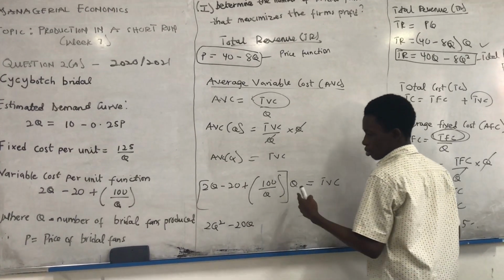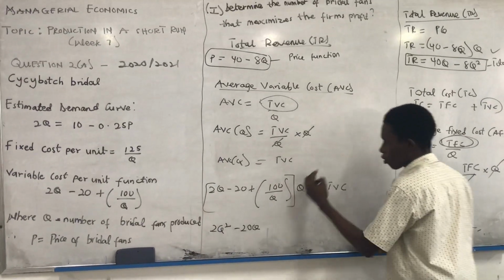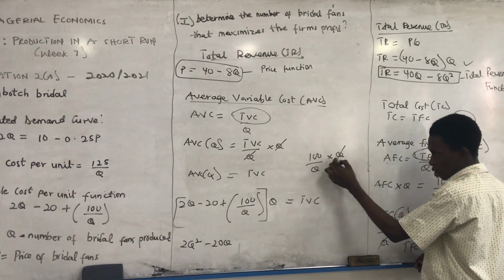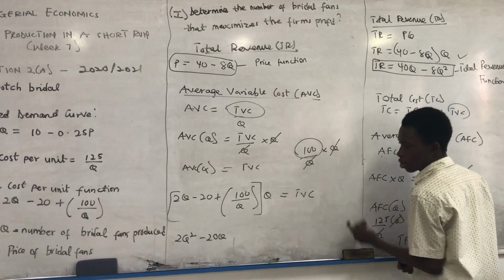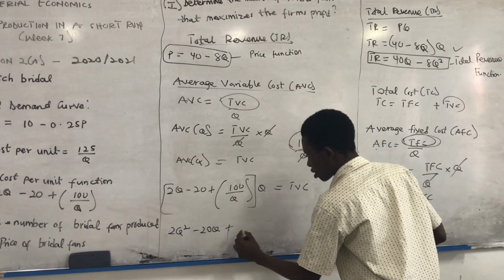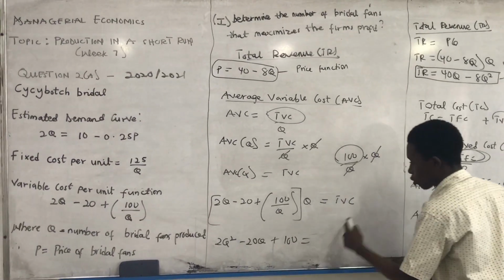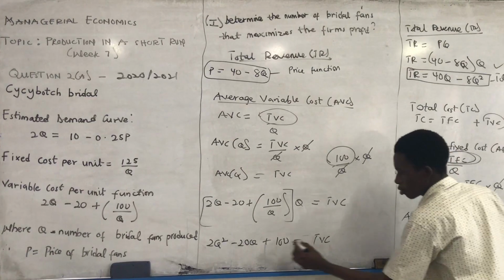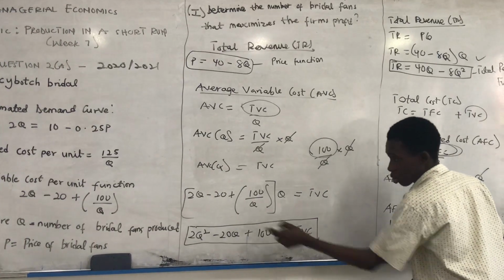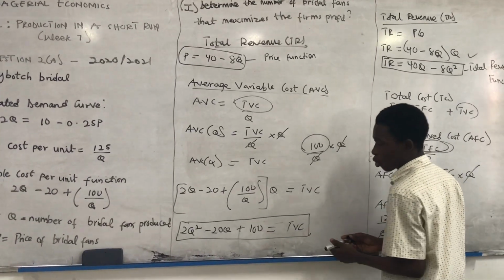Now, Q times 100 over Q, the Q cancels, so we are left with 100. So we fix 100 here, and remember it's positive. So this becomes our total variable cost. So this is your total variable cost, but not that. This is the actual total variable cost you are going to use.